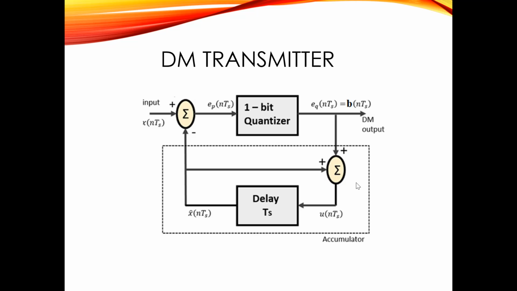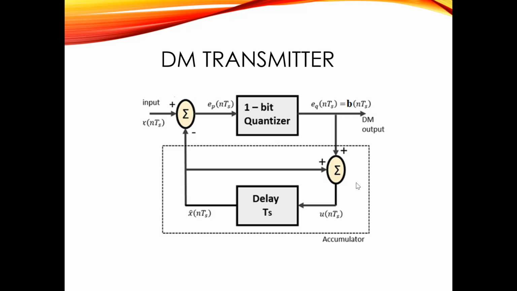In delta modulation system, the present sample value, that is x of t, is compared with the approximated value x dash of t, and the result of this comparison is transmitted. Thus, we are sending the information of whether the present sample value is higher or lower than the approximated value.